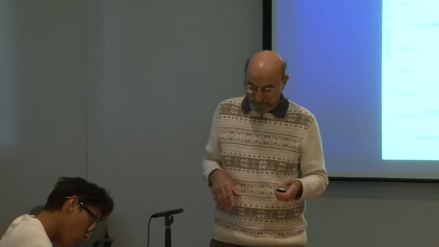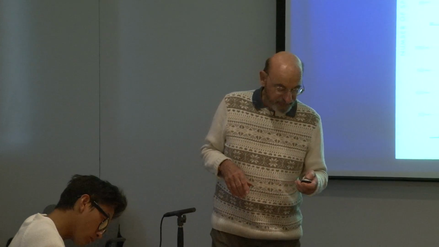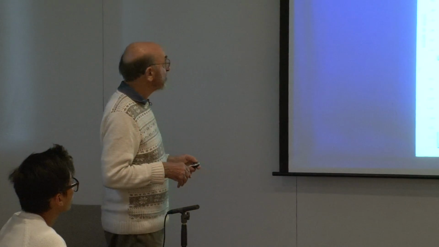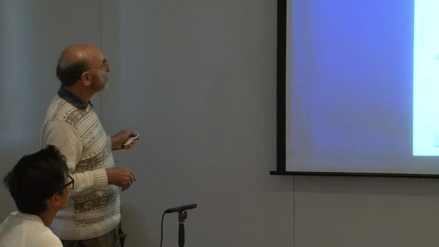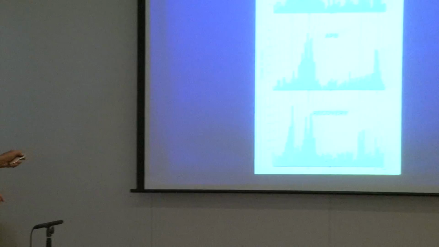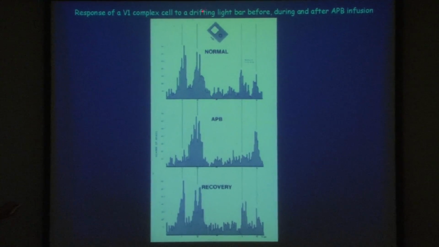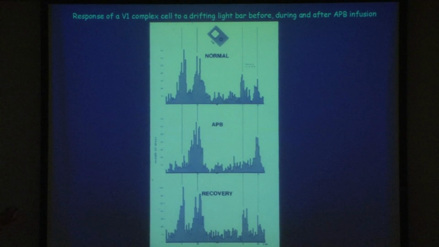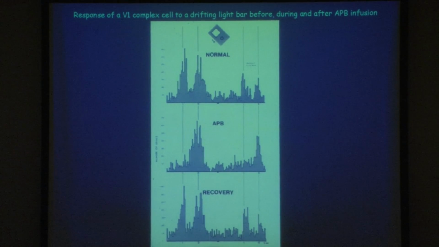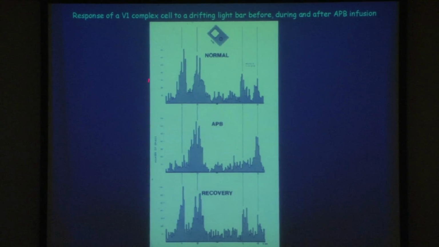So we can take a cell that is, in this case, directionally biased, and you can see what the response is before and after APB is injected. And what you see here, we move the bar across in one direction, and then we move the bar back across the opposite direction. So the first half shows the downward movement, the second half the upward movement. Now what you see here is that this cell responds much more vigorously to one direction.